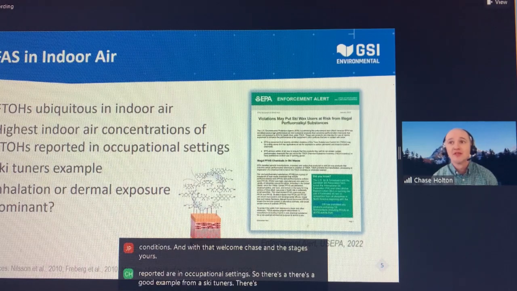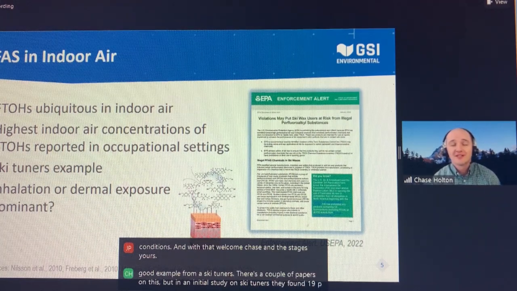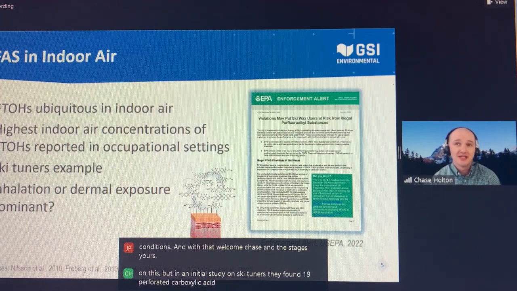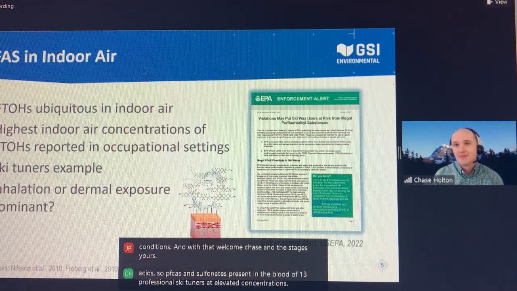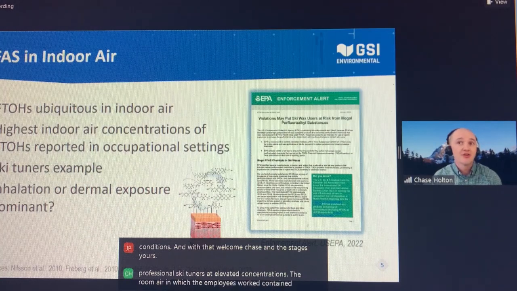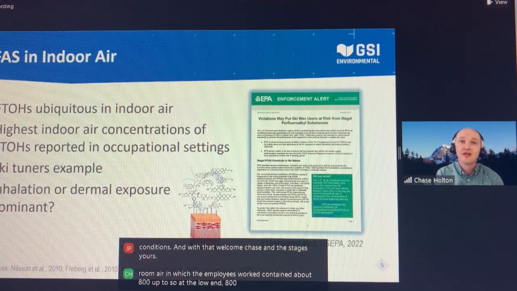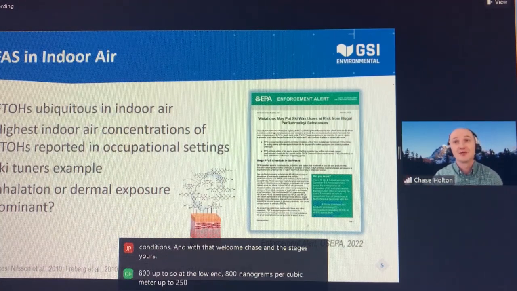There have been a couple of papers on this, but in an initial study on ski tuners, they found 19 perfluorinated carboxylic acids, so PFCAs and sulfonates, present in the blood of 13 professional ski tuners at elevated concentrations. The room air in which the employees worked contained, at the low end, 800 nanograms per cubic meter, up to 250,000 nanograms per cubic meter for 8:2 fluorotelomer alcohol.